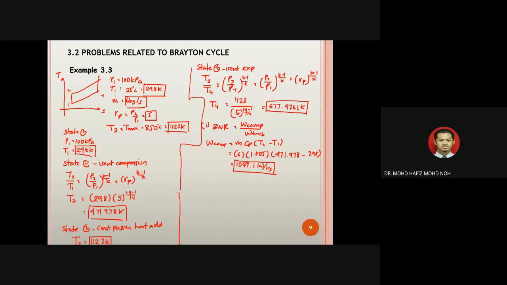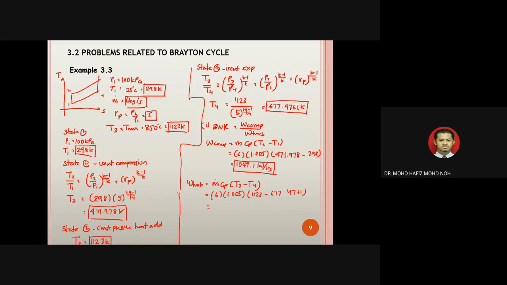And then you also have to calculate the value of W turbine. W turbine is equal to m dot Cp (T3 minus T4), because the turbine process occurs between state 3 and state 4. So 6, 1.005, T3 is equal to 1123, and T4 is equal to 677.4761.